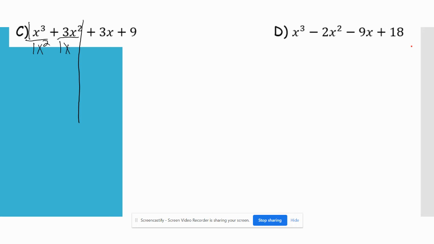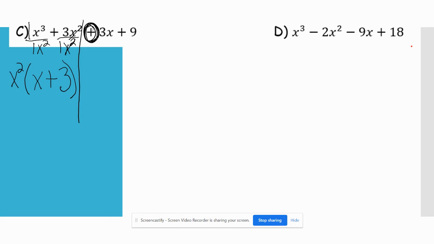X squared is our smaller exponent, so 1x squared, you can write the 1 or not, is our greatest common factor. Dividing by that, we have x to the third over x squared. 3 minus 2 is 1, plus 3 divided by 1 is 3. X squared over x squared simplifies out.